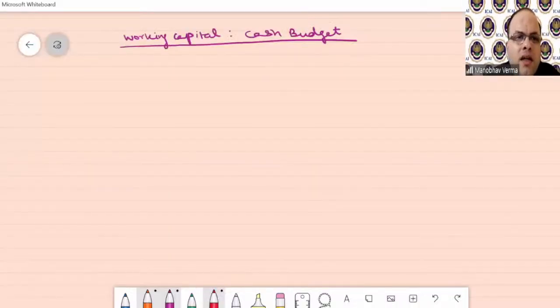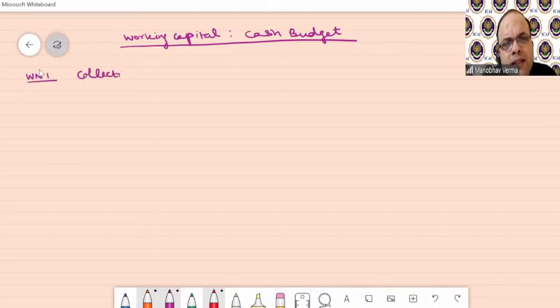Now, in this case, if you're looking at the information from April to September, we need to do some workings here. Let's say my working note 1 is collection from debtors. We need to calculate the collection from debtors and also the cash sales, of course.